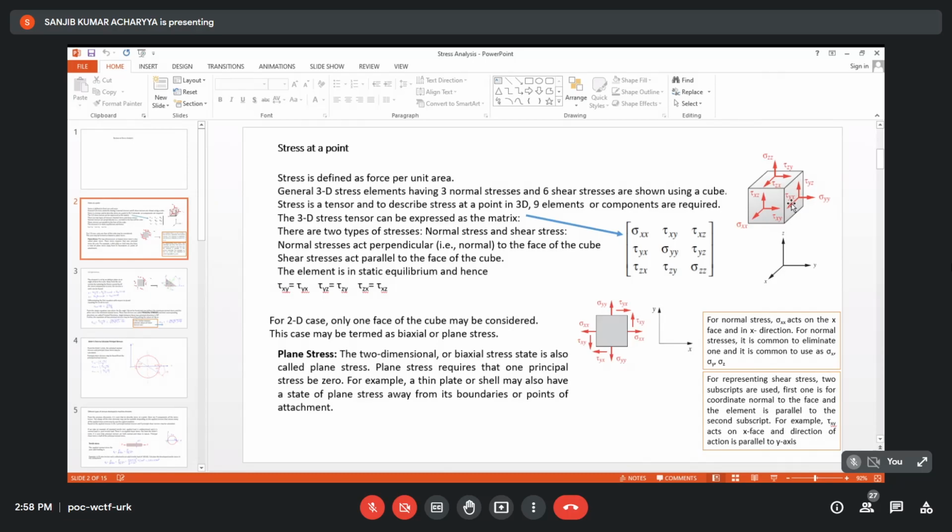Then stresses are only in two orthogonal directions. So the stress system there can be represented by a 2D representation as shown here. This stress situation is called plane stress situation.